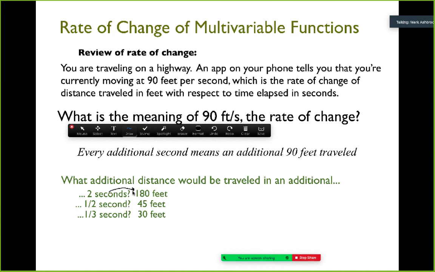You multiply the top and bottom. You're using 90 feet per second as a ratio instead of just a quantity. So what am I doing to my change in time to get my distance traveled?